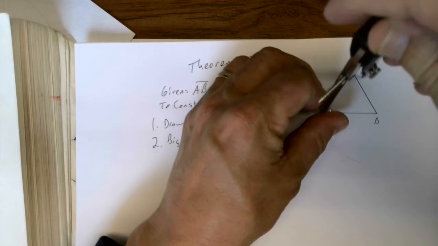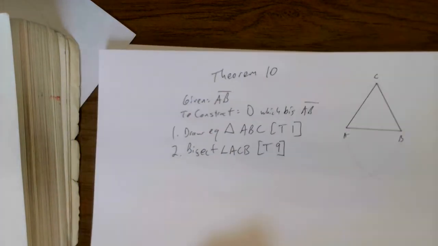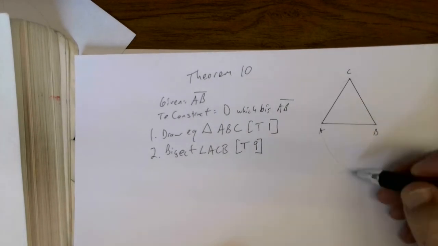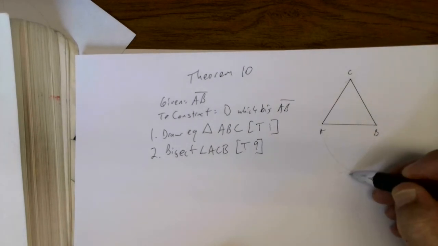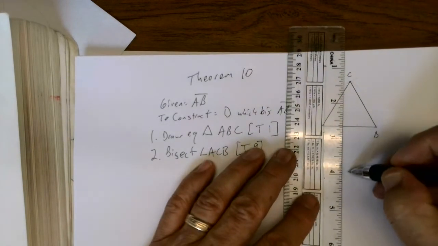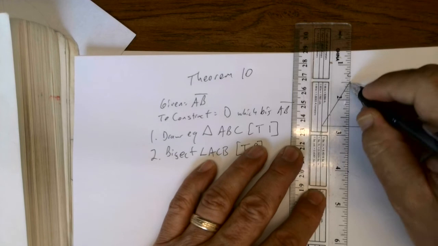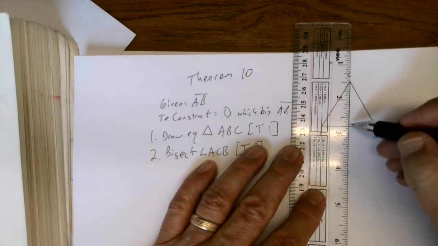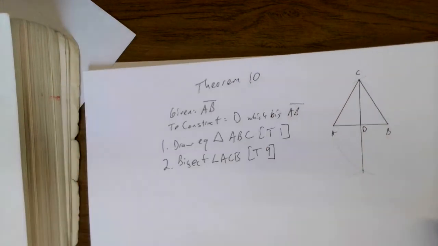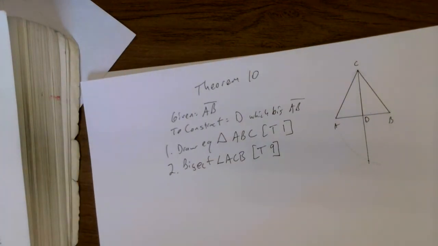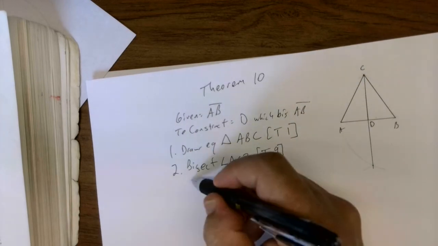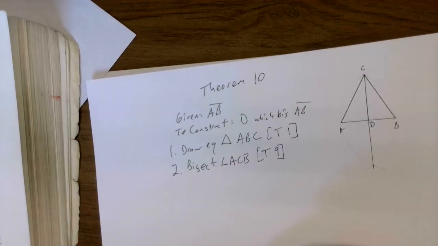But it's the way I'm thinking about it that's going to make it possible to prove that I can bisect this line. Okay, so I don't need to name that point because all I really need to do is join that point to C, and boom. Wherever that line that I've drawn hits AB, that's going to be my point D. Okay, so bisecting ACB is going to be line CD.